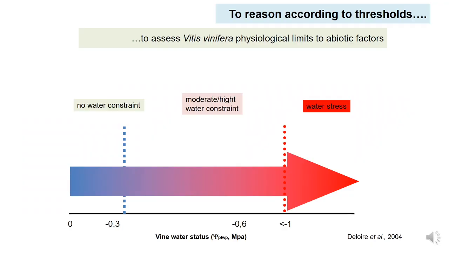This figure is showing the vine water status thresholds measured using the pre-dawn leaf water potential, and the thresholds go from no water constraint to moderate water constraints and water stress. While moderate water constraints could be positive for vine functioning, reducing the vigor of the canopy, water stress has to be avoided at all costs, because then it will impact the sustainability of a vineyard.